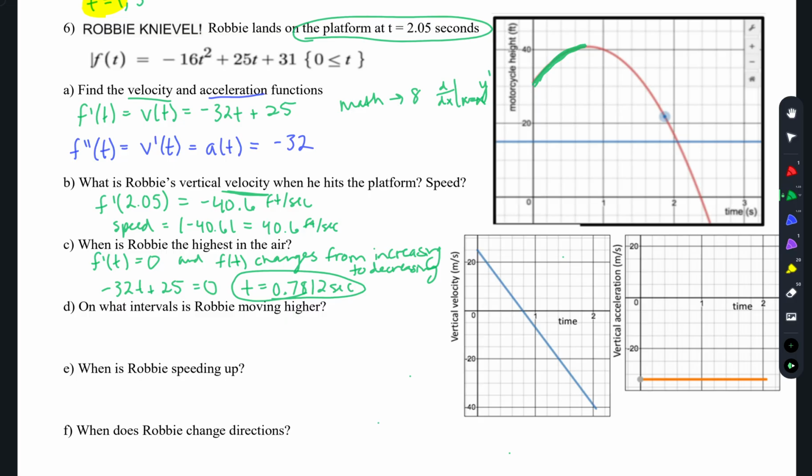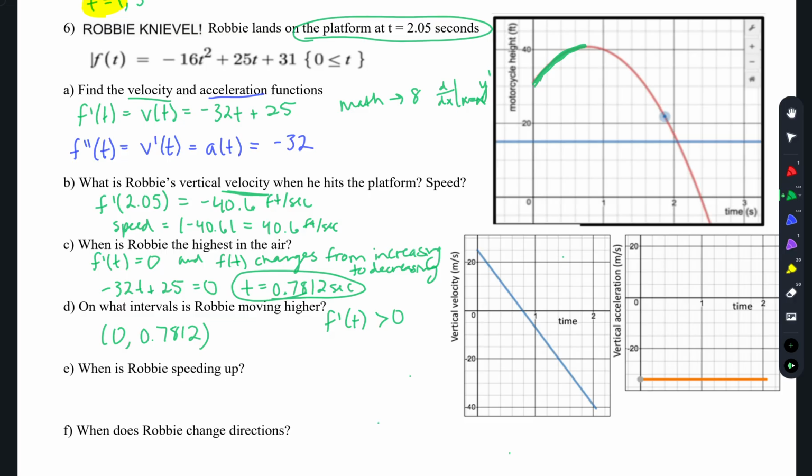So for moving higher, you're going to be looking at when the derivative is positive, or when f of t is increasing. You guys are pretty good at when position is increasing, you look at the first derivative, but if you had moving higher, that's how I break it up. So that's going to be from 0 to 0.7812.